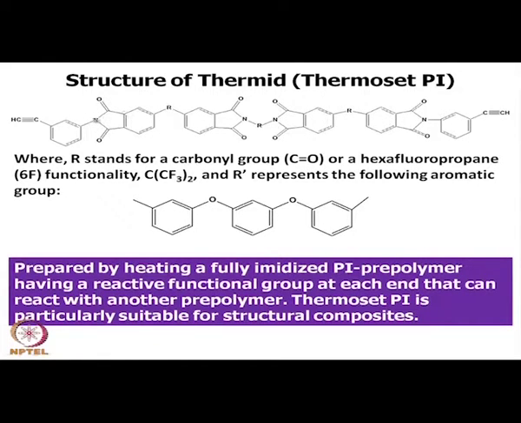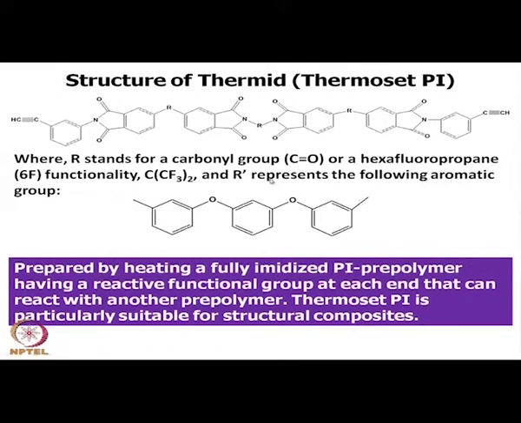Now, in this case, the name of this polymer showing this formula is Thermid. It is a kind of thermoset polyimide, where this R stands for a carbonyl group, either a carbonyl group CO or a hexafluoropropane having 6 fluorine atoms functionality, say C(CF3)2, and R prime represents the following aromatic group.